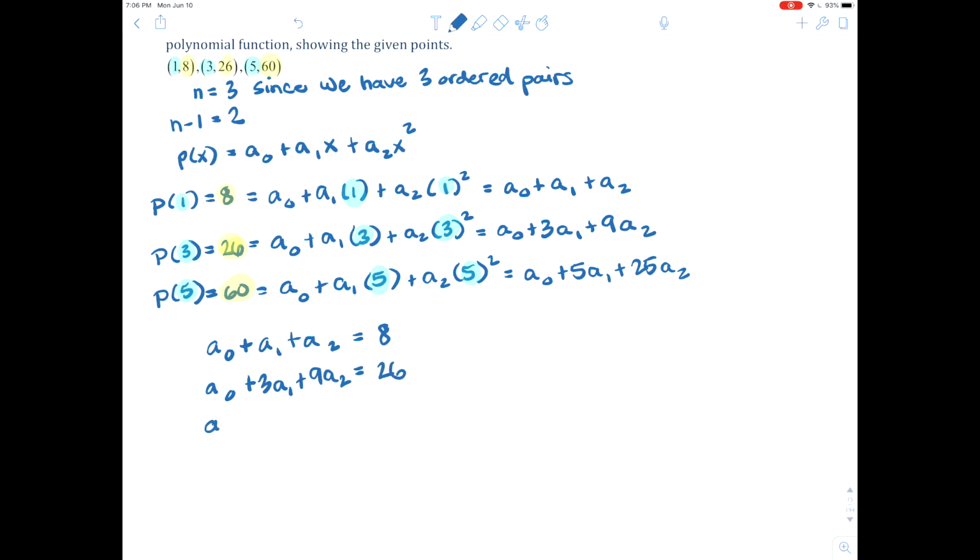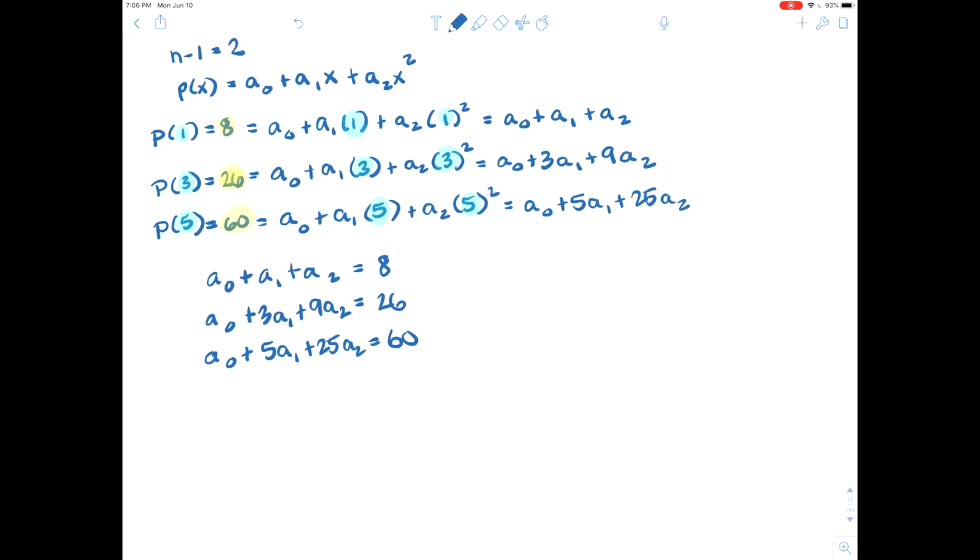And then our third one will have a0 plus 5a1 plus 25a2, and that was equal to 60. Cool? All right. So what would our matrix B end up looking like?